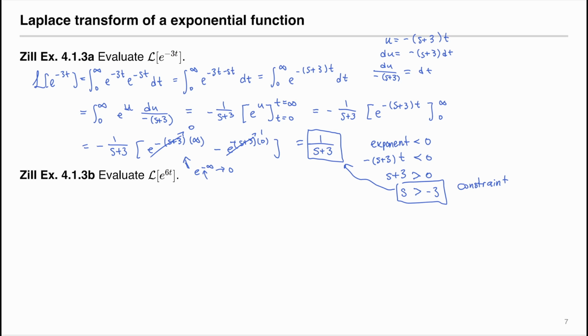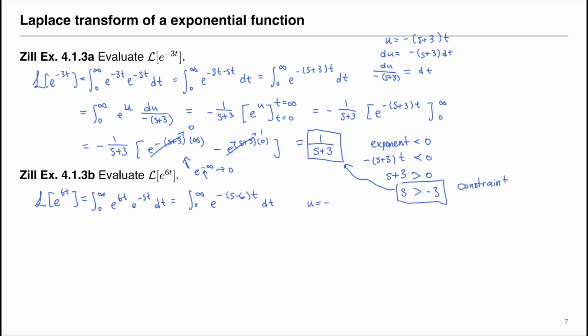And similarly, we can evaluate the Laplace transform of the positive exponential function. To do that, we also use its definition. And then we can group them. So we have negative s minus 6 times t dt.